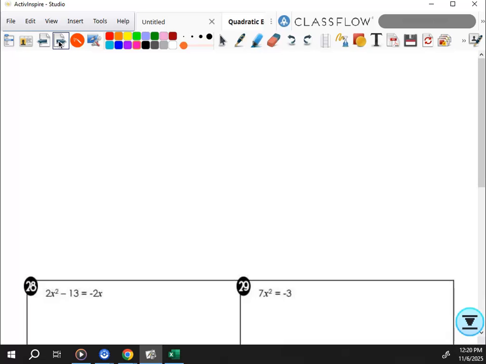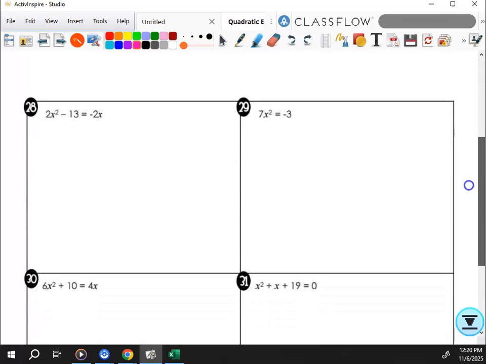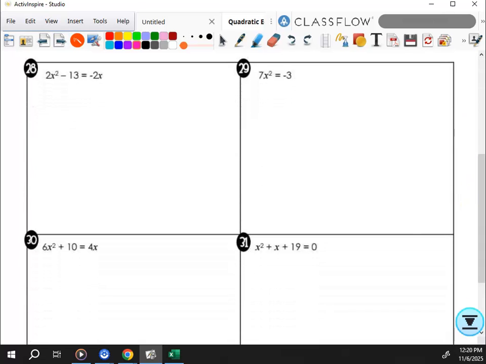Alrighty, let's look at 28. That would give me 2x squared plus 2x minus 13 equals 0. So go ahead and get it substituted in. I'll work through this in stages so you can get to the next step and check yourself, and let me know if you have questions.